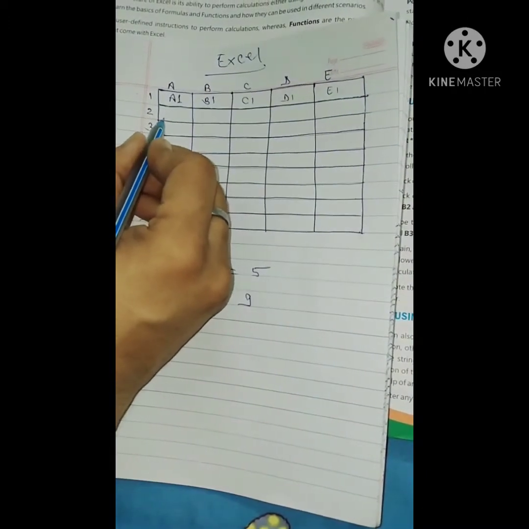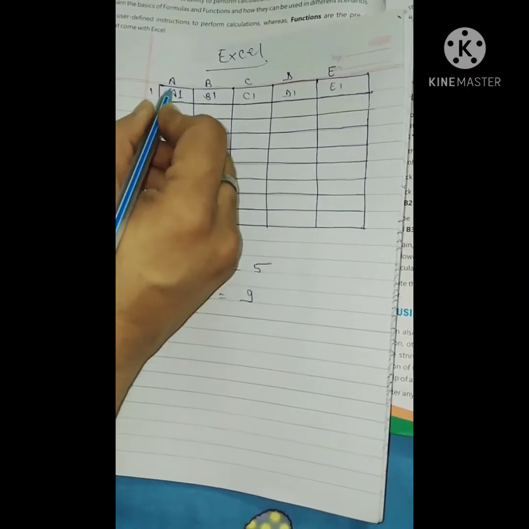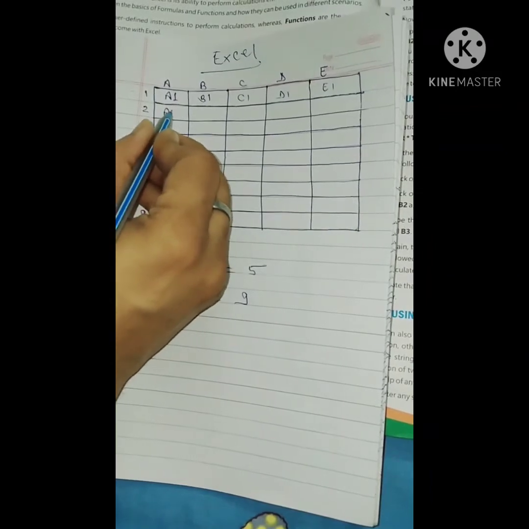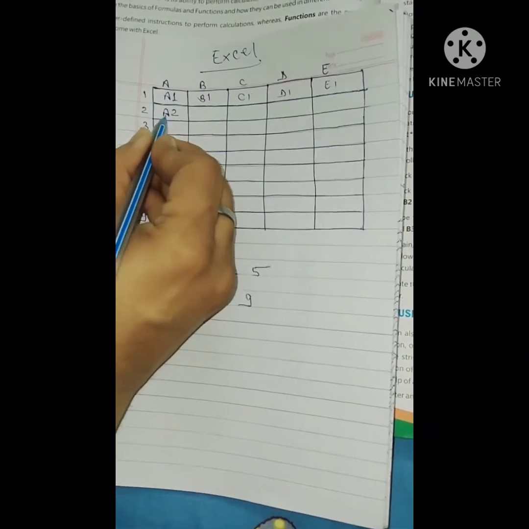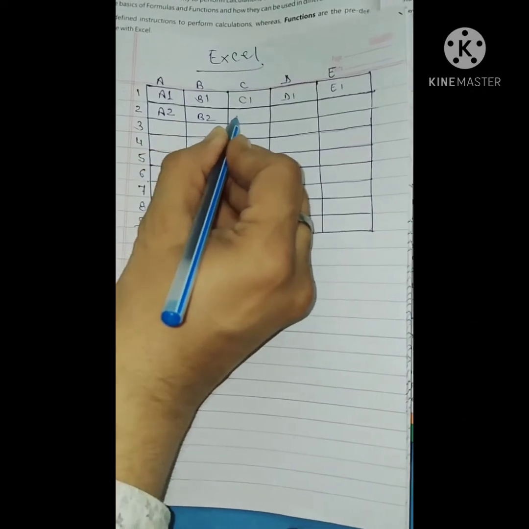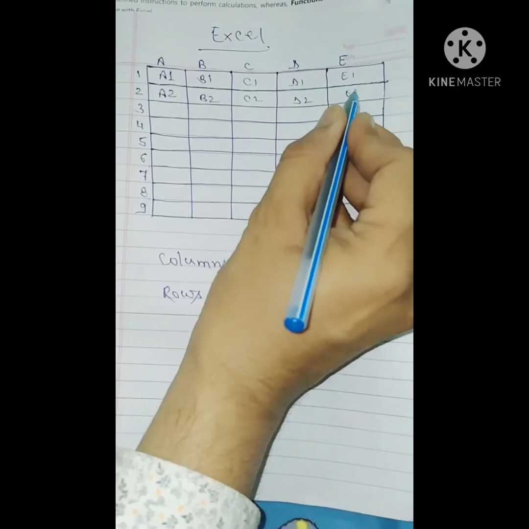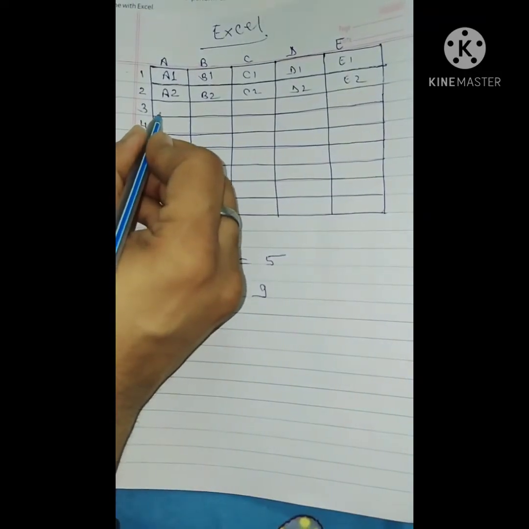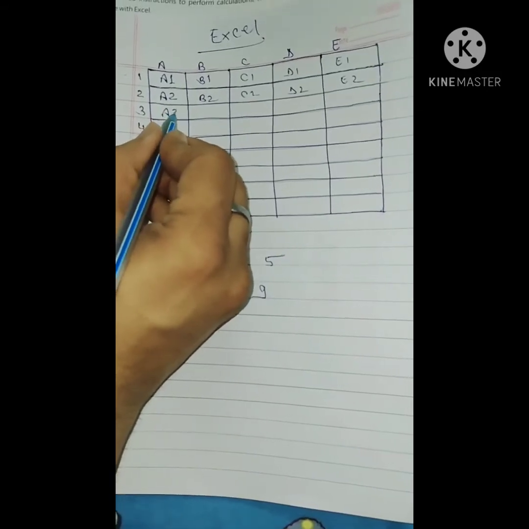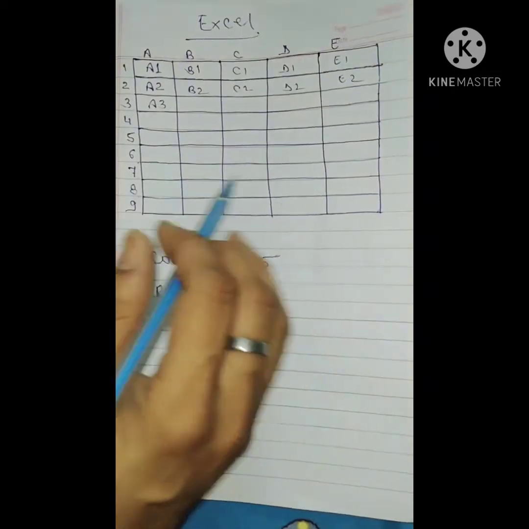What is the name of this cell, students? You can easily understand: column A and row 2. So the name of this cell is A2, B2, C2, D2, E2. Same, this cell name is A3. So students, you can easily understand how we form the table.